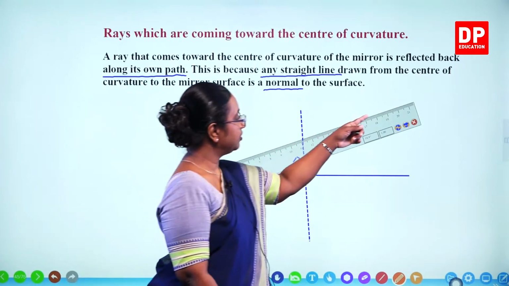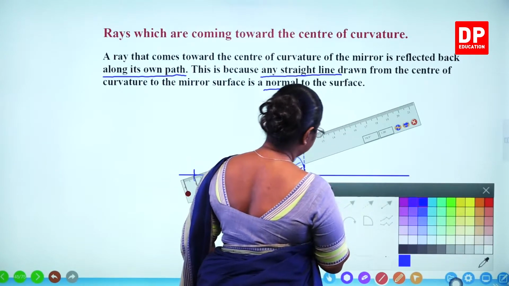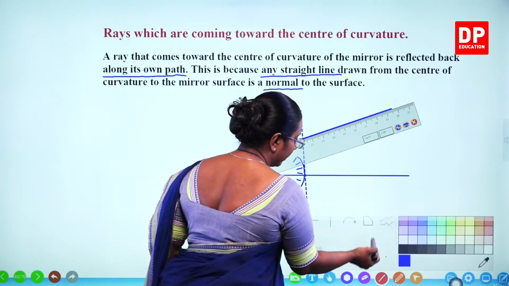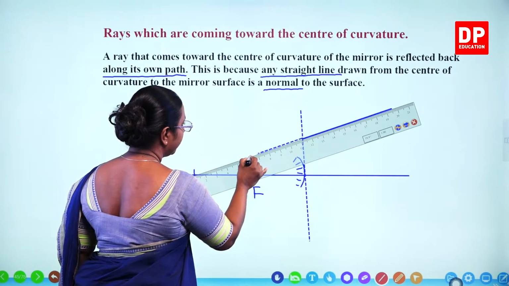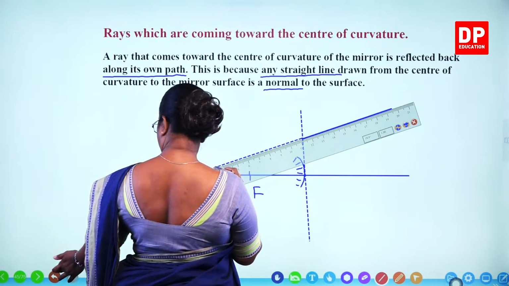So again we draw the ray here, but it has to be extrapolated. So it's coming towards the center of curvature. Then what will happen? We will need to extrapolate that ray, but this ray reflects back.